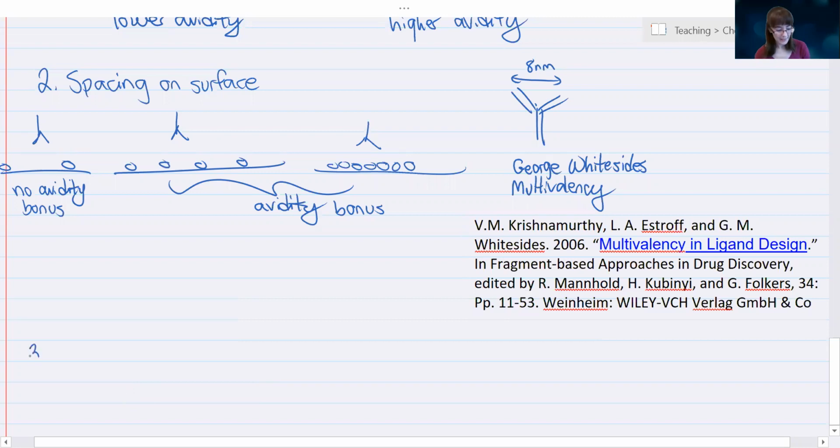The third way that spatial structure can play out with avidity is that avidity can really cause a stable aggregation. So aggregates are greatly stabilized by avidity.